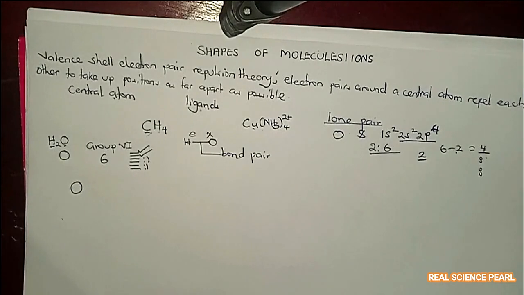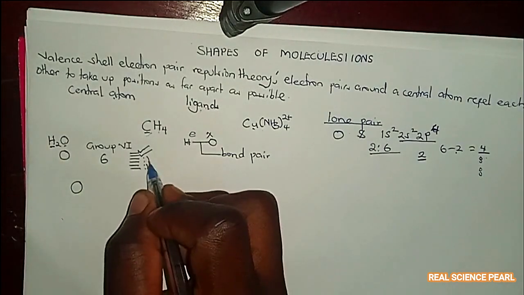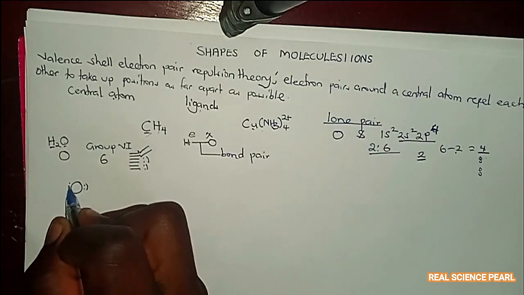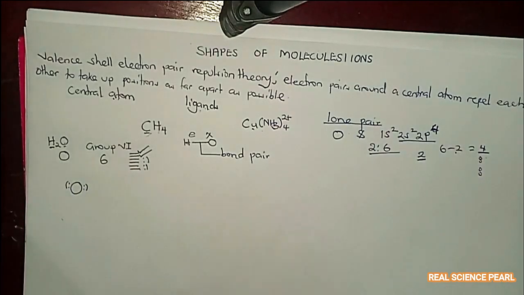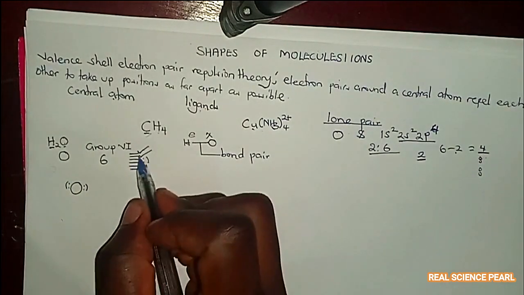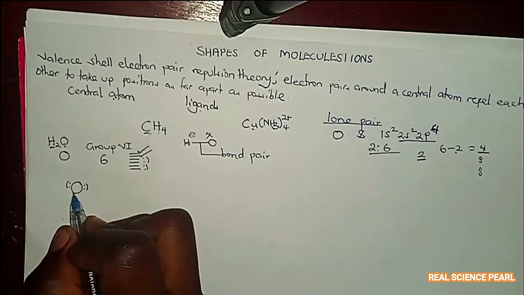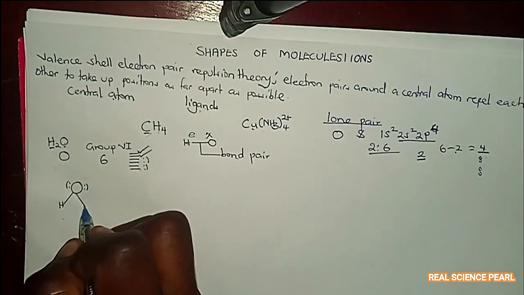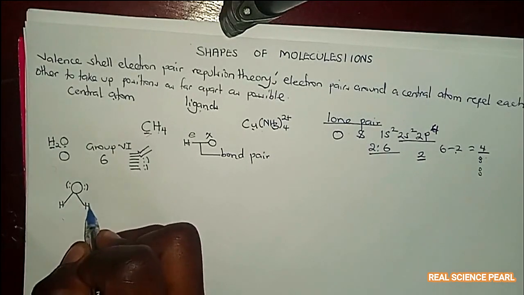After having oxygen in the center, since I have two lone pairs, one lone pair is going to repel the other at almost 180 degrees apart. Now the bond pairs, we're having two bond pairs, so one is going to be sketched there and another one will be sketched here.